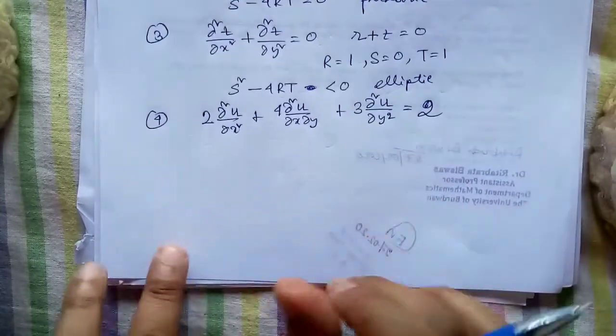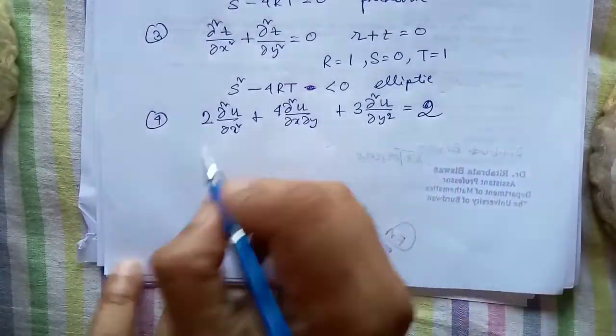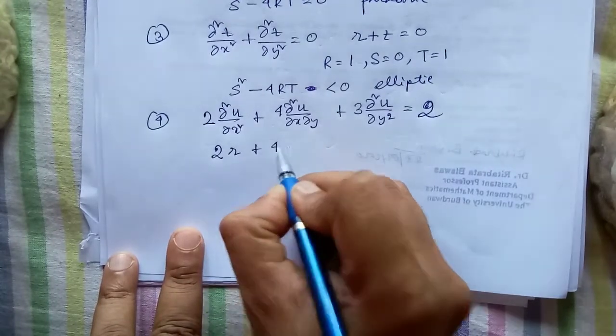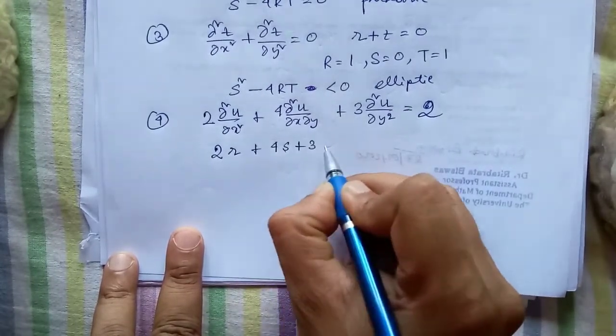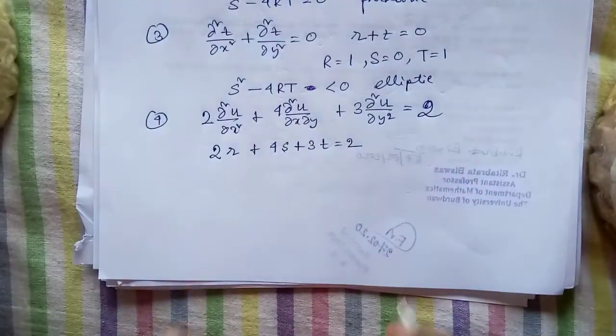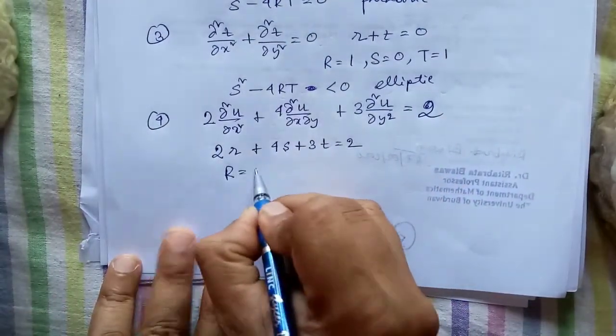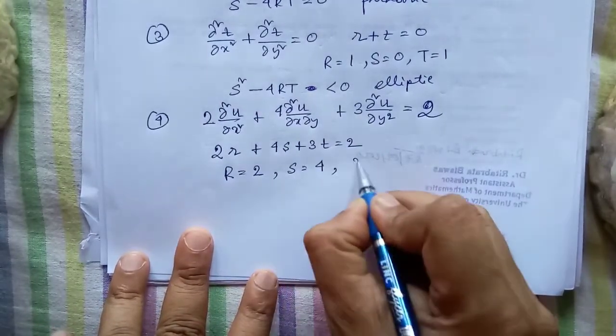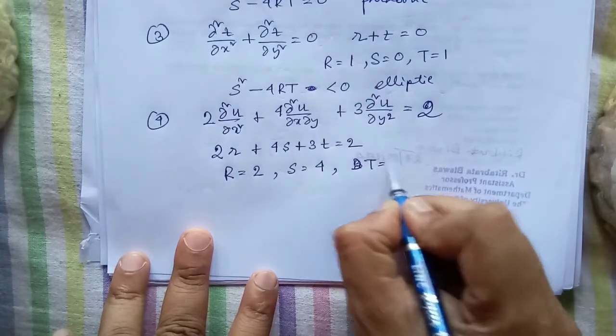This is the given problem. So what we will do, we can write it as 2r + 4s + 3t = 2, right? So we are writing capital R = 2, capital S = 4, and capital T = 3.